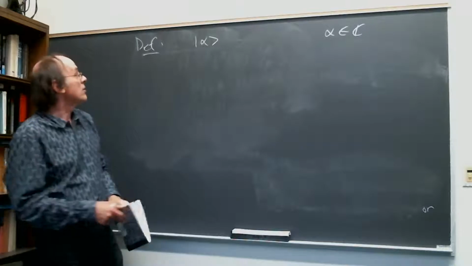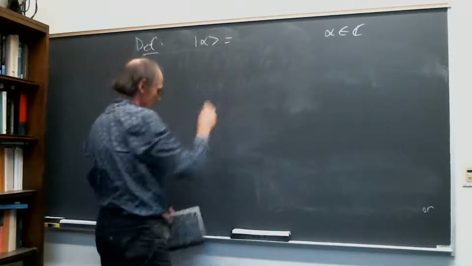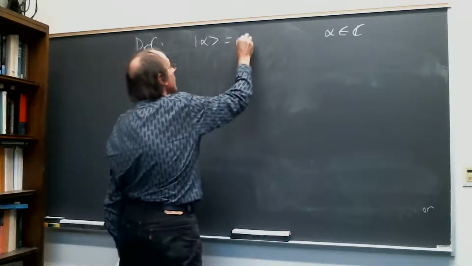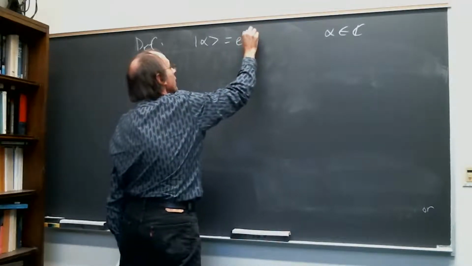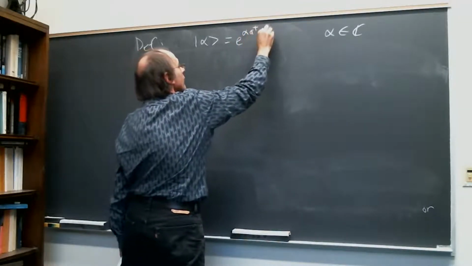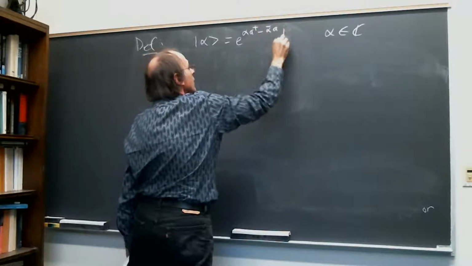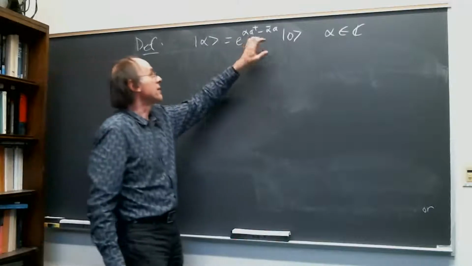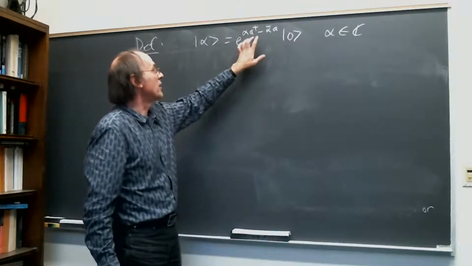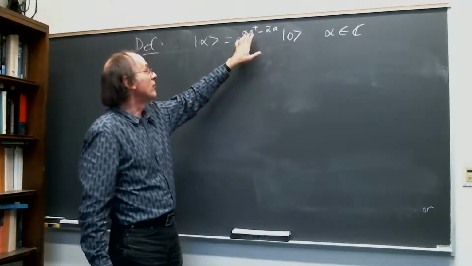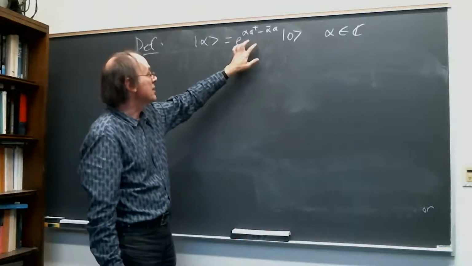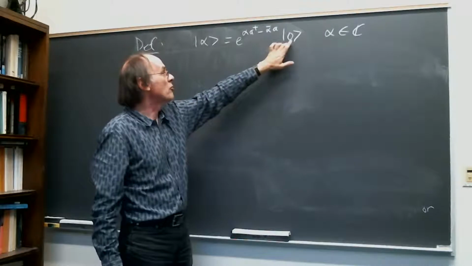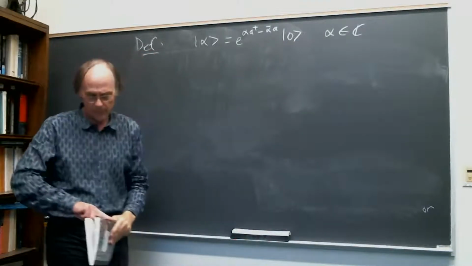One definition of this is e to the alpha a minus alpha bar a. I tried to motivate this. This operator is an element of the Heisenberg group acting on, it's not the Heisenberg group representation, but acting on this state.